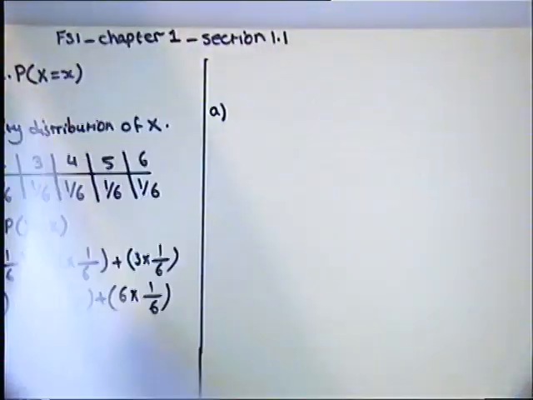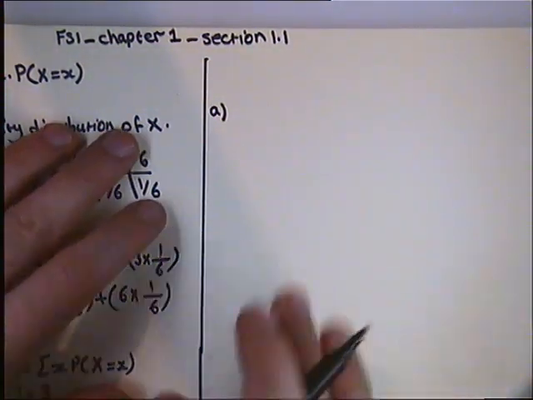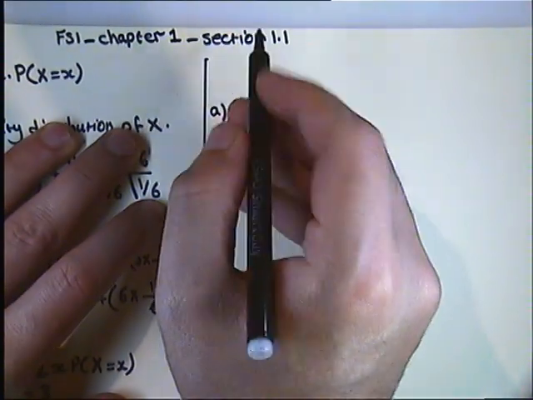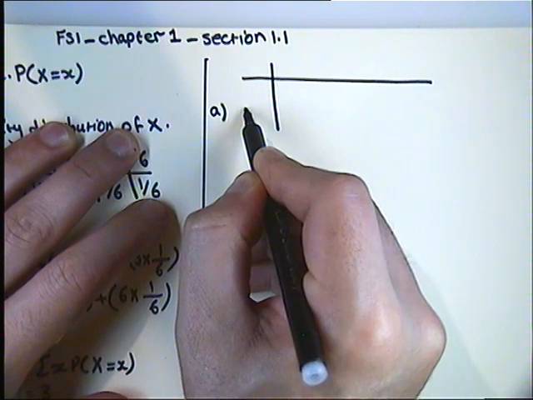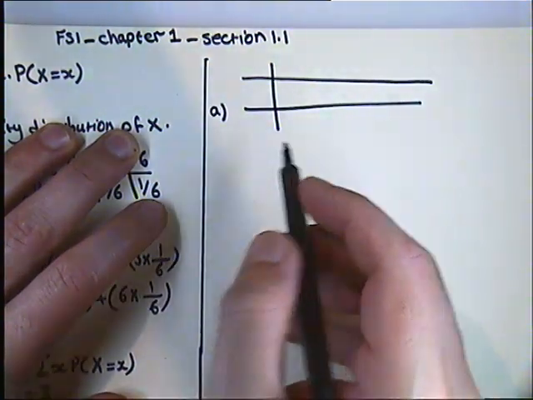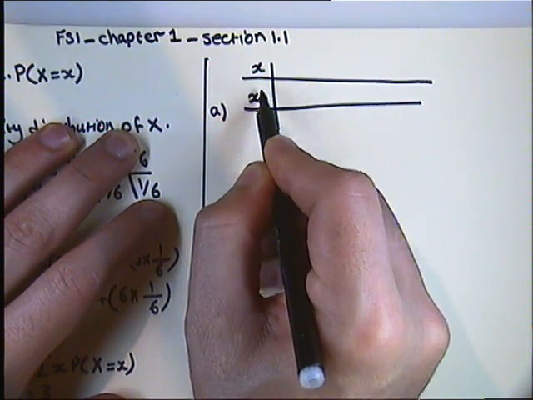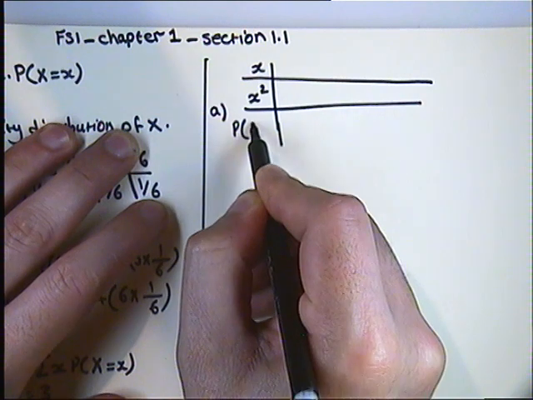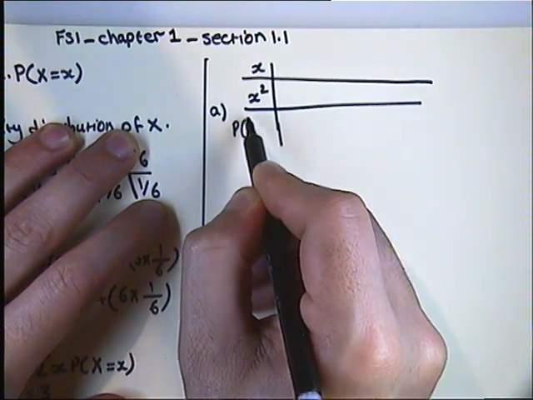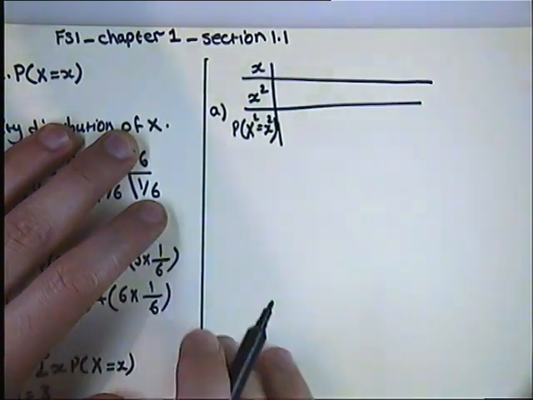So, to write down the probability distribution for x squared, let's draw the table again and add one more row for x squared, and the probability of random variable x squared equals x squared.